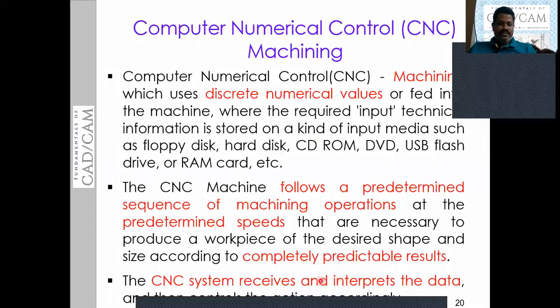This system is going to receive the program and convert it into the mechanical movements of the table as well as the spindle or tool movement as per the instructions received from the computer. The tool as well as the table is going to follow the instructions of the computer. So let us see all this with the help of a diagram.